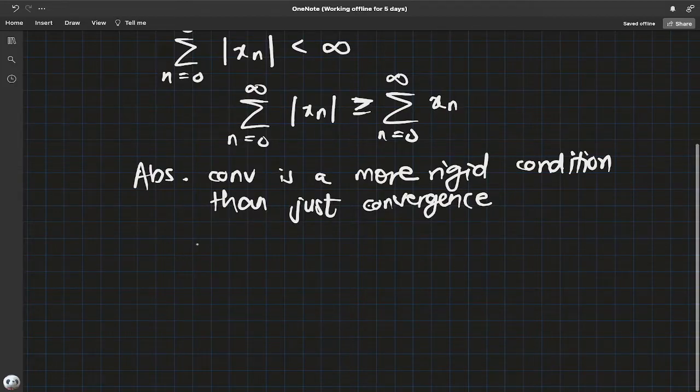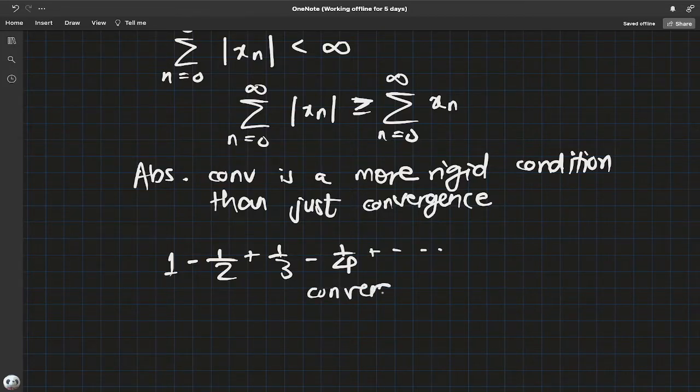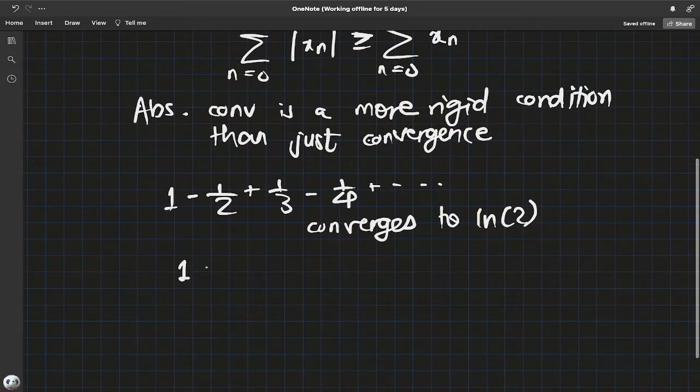A good example of this is the alternating harmonic series, 1 minus 1/2 plus 1/3 minus 1/4 and so on. This we know, you can use Taylor series, converges to the natural log of 2, but the absolute value of this series diverges.